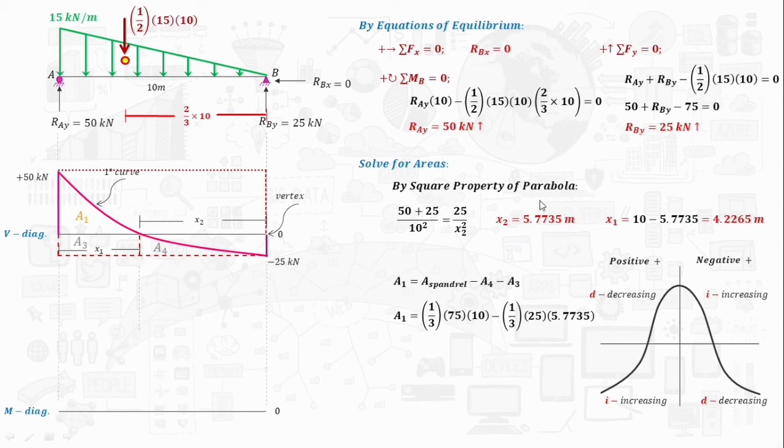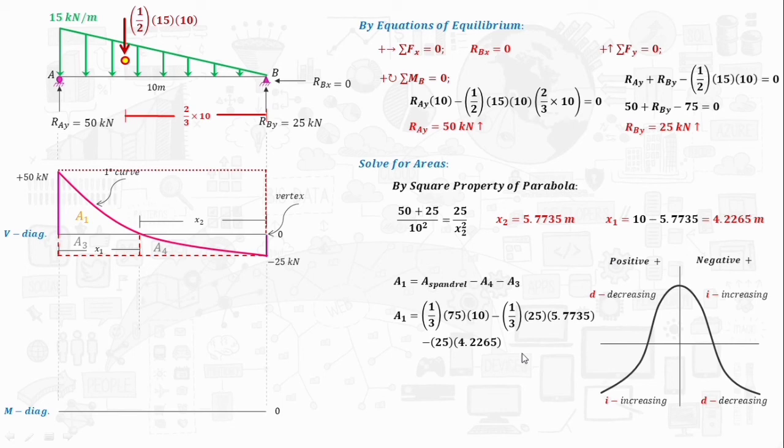And minus area 3, rectangular lang, so base times height, negative 25 times x1, 4.2265.